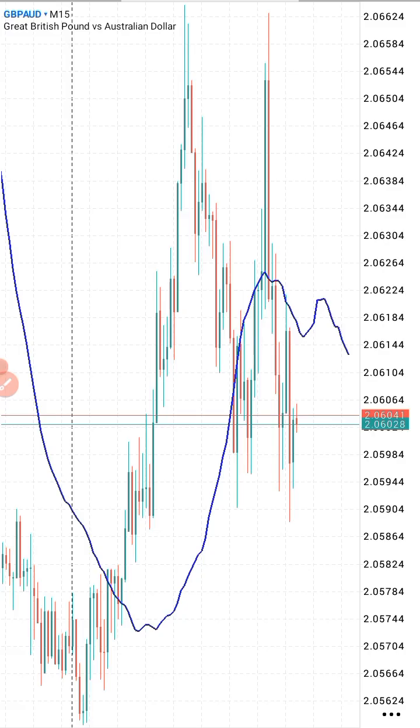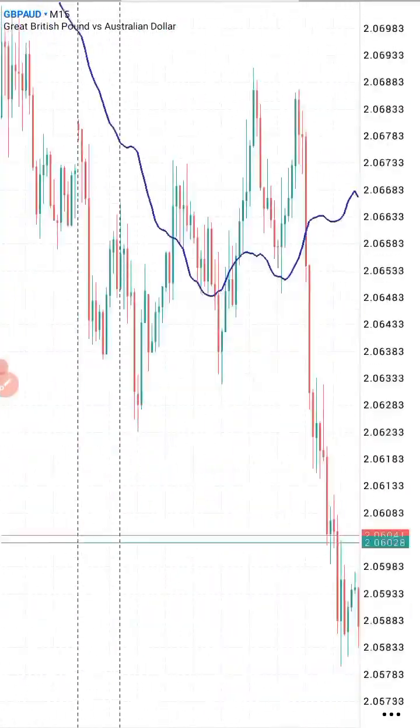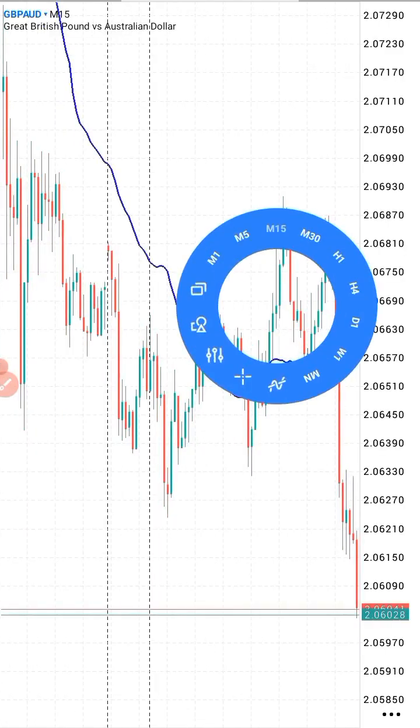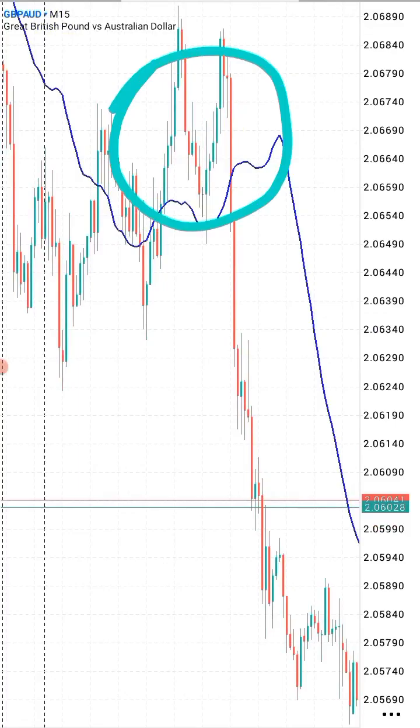Now, the bounce pattern. Price tends to revert to its mean, that's the moving average, after an extended move, especially in a range. It tends to reverse. When it reverses, there is what we call momentum in the market. You see price reversing in this direction, and in this direction.